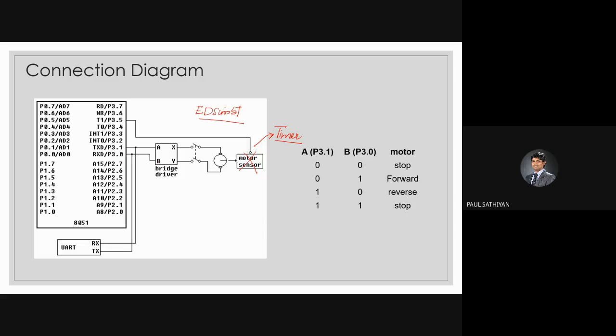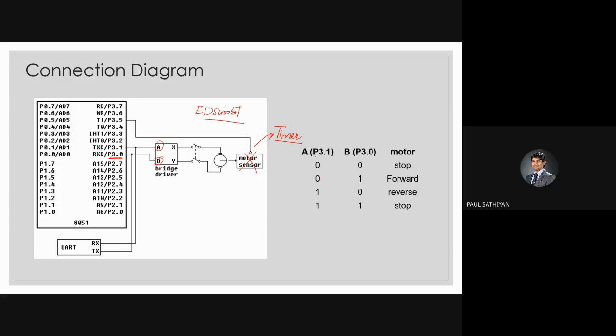Now if you see here, B pin is connected to port 3.0. That means in the 8051, at port 3, bit number 0, control pin B is connected. Control pin A is connected to pin 3.1.